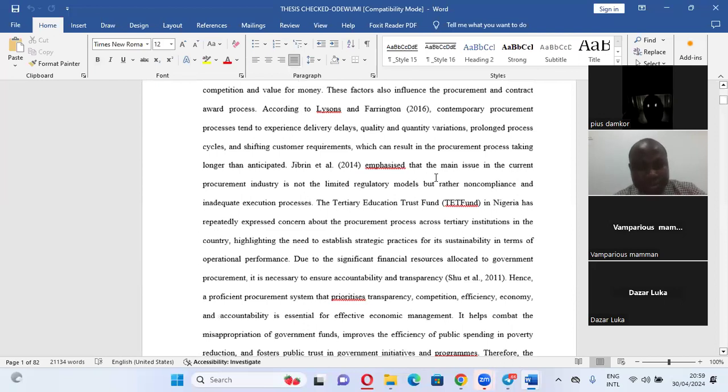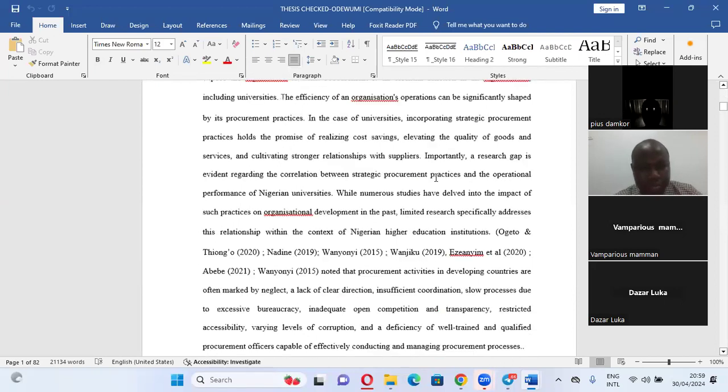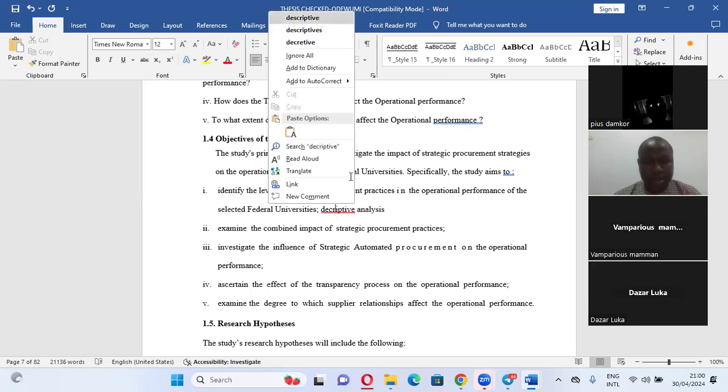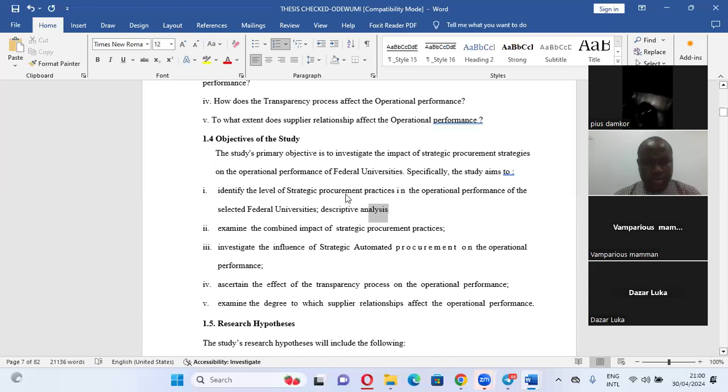Now let's look at this objective. Identify the level of strategic procurement practice in the operational performance of selected federal universities. This is what? Descriptive. Descriptive analysis. Okay. Examine the combined impacts of strategic procurement practice.